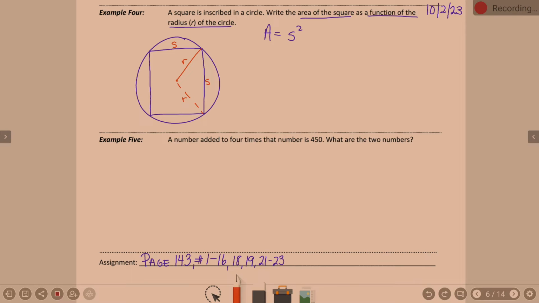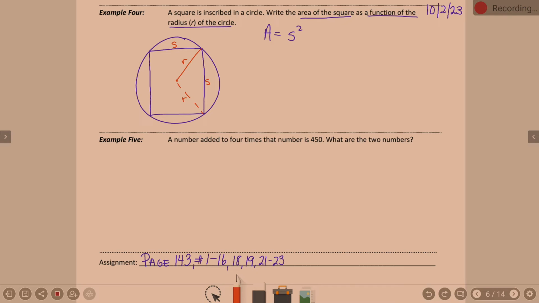Are you seeing any connection? All the radiuses are going to be the same. Would it be half the size of the square? The radius is not half the side of the square.